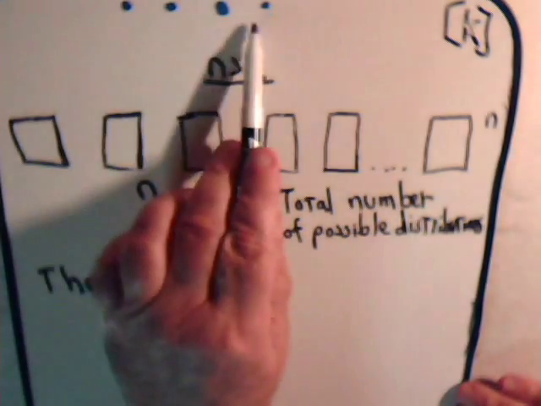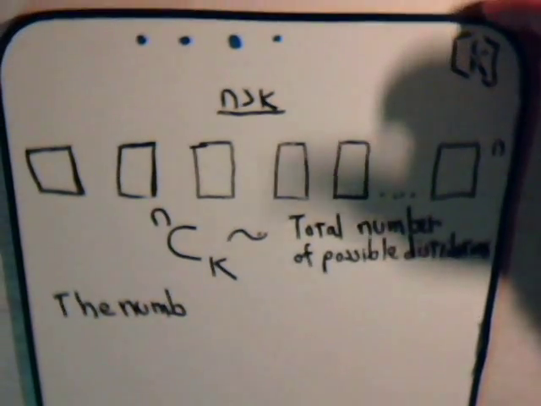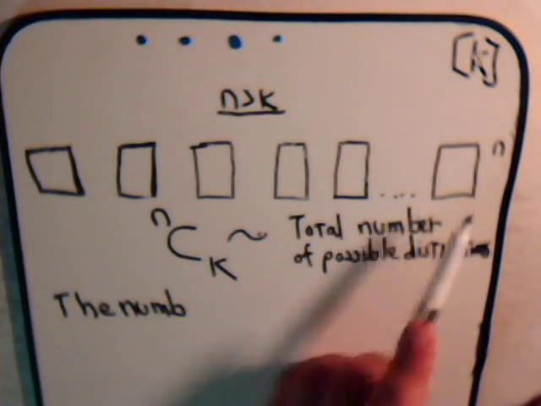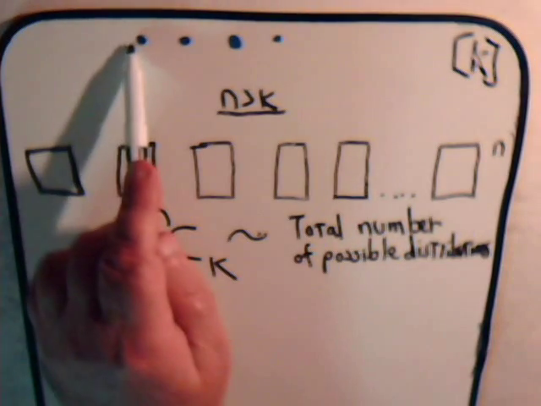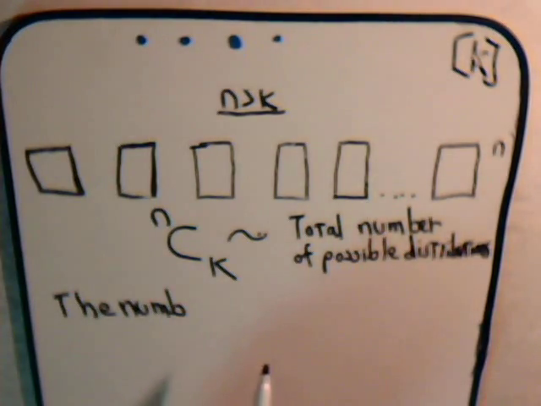When we have identical objects to place into different boxes, one object per box, and we have k objects and n boxes, more boxes than objects, the total number of distributions is this.